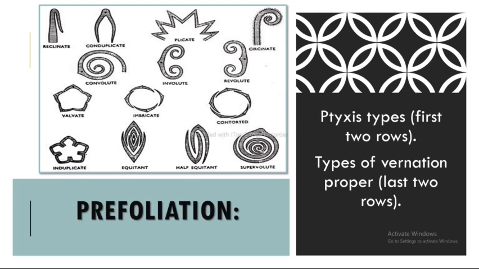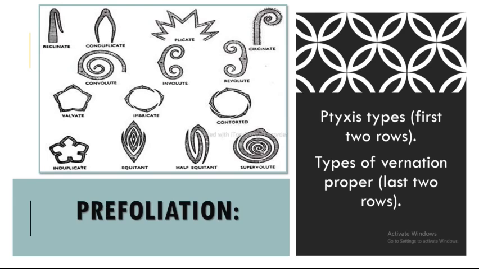When the leaf is repeatedly folded longitudinally along the ribs in a zig-zag manner, for example as in the Borassus flabellifer.